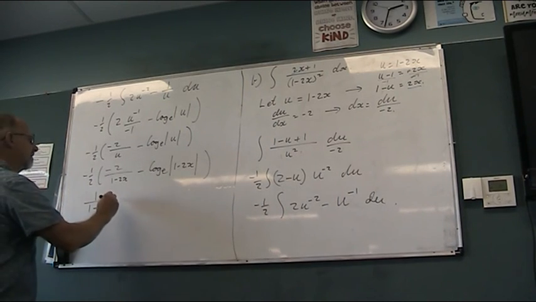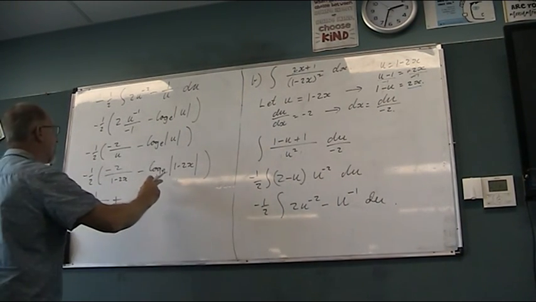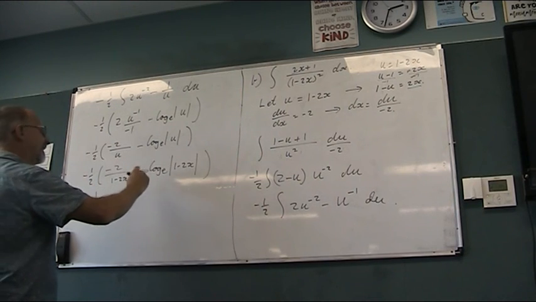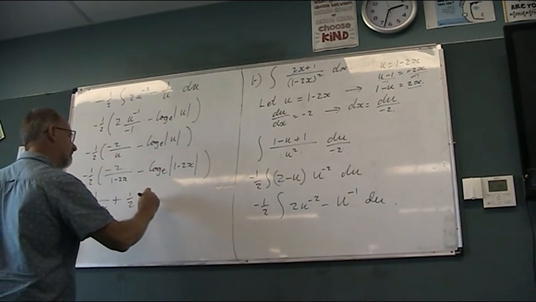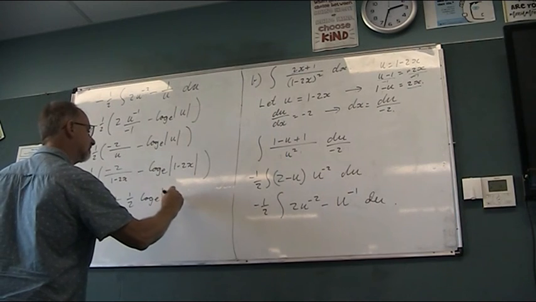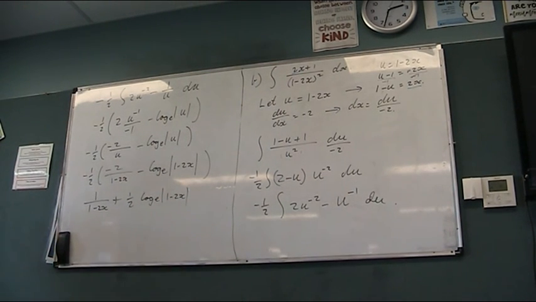Negative times the negative is positive again. And what's that, a half? Log to the base e of 1 minus 2x. And there's our answer.